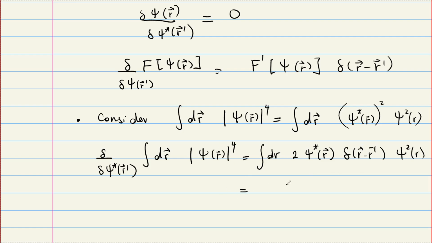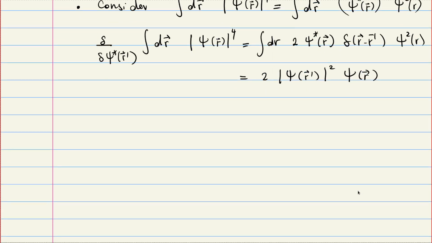Then this is automatically 2 times, let's combine, right? The integral is going to go, and I can write it like psi of r prime squared times psi of r prime. And if you get that, I think that's almost there.